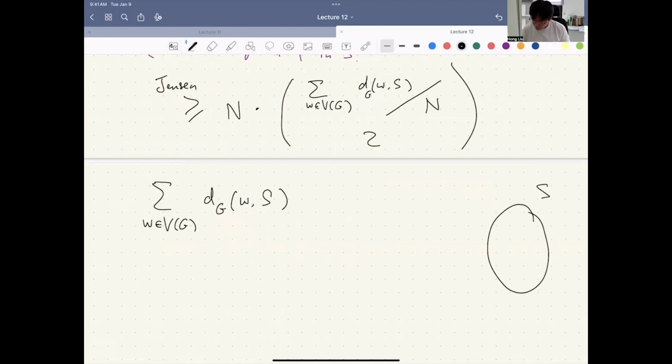So this is our S. We look at W, and that forms a clique in gamma.